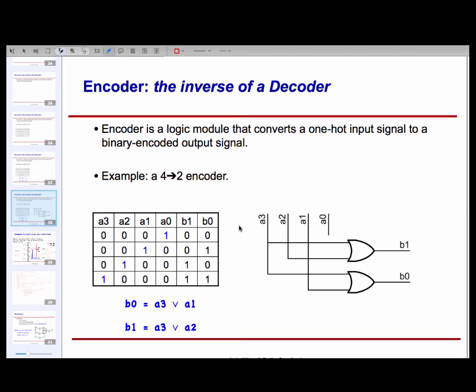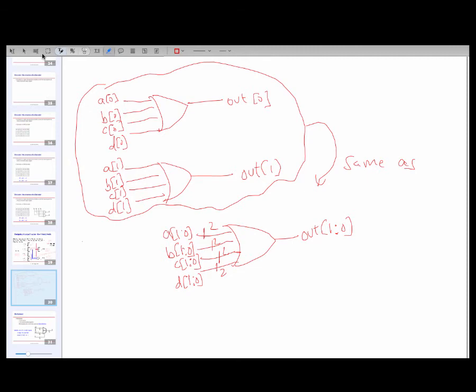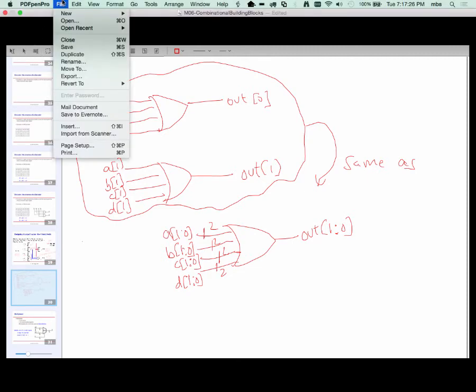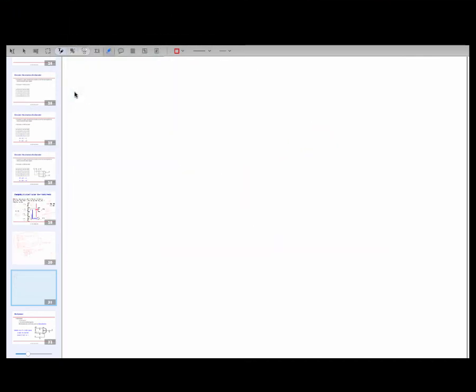Okay, so if you think about the encoder that I am using out here, its truth table is, let me draw it for you.